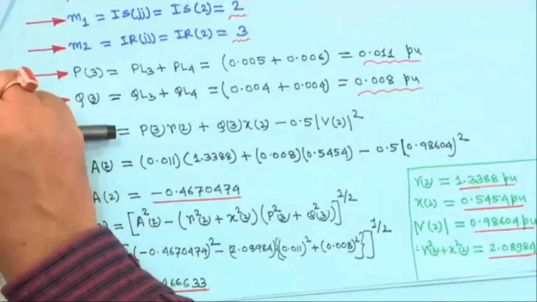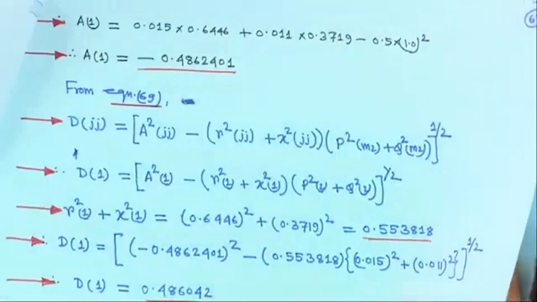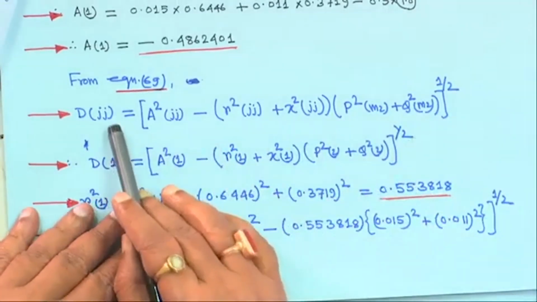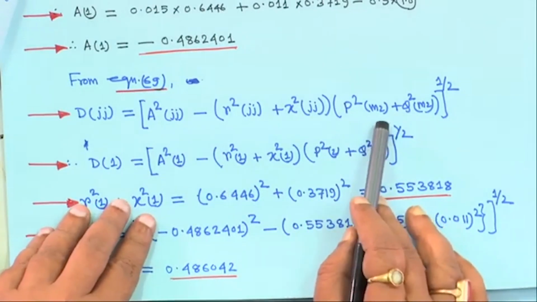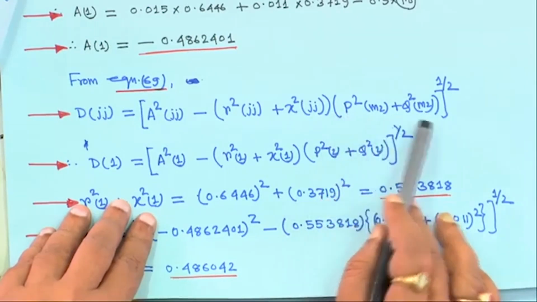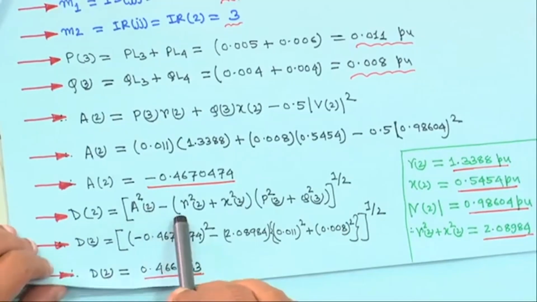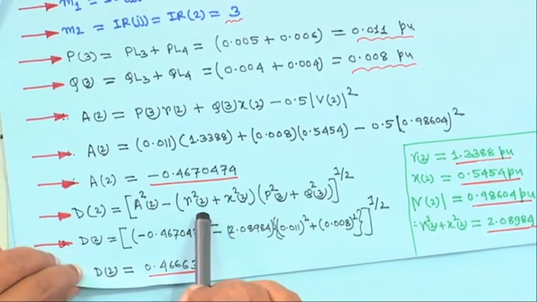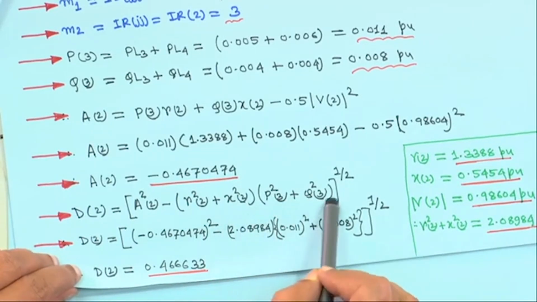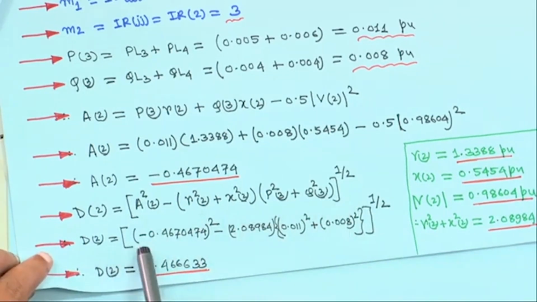Similarly, again the D jj equation, that is equation 69. Here put jj is equal to 2. Accordingly, m2 is equal to 3, it will be Q3, P square 3 plus Q square 3, and R square 2 plus X square 2. So, D2 will be S square 2 minus R square 2 plus X square 2 in the P square 3 plus Q square 3 to the power half. Put all these values.